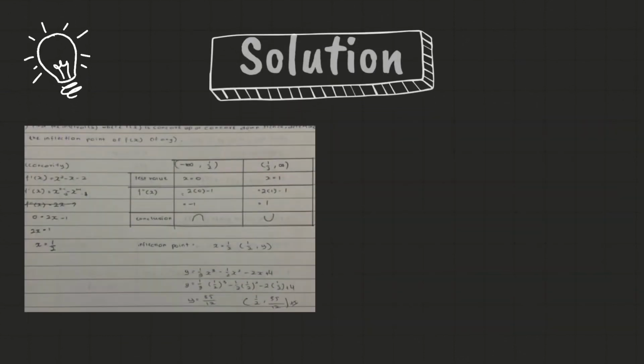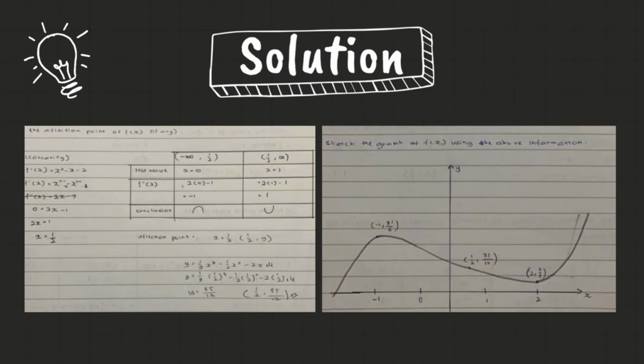The next question is how to find the intervals where f(x) is concave up or concave down. Hence, determine the inflection point of f(x). First, find the value of x from the f double prime x equation. After that, make two columns. The first column is for values not above 1 over 2 and the second column is for 1 over 2 and above.